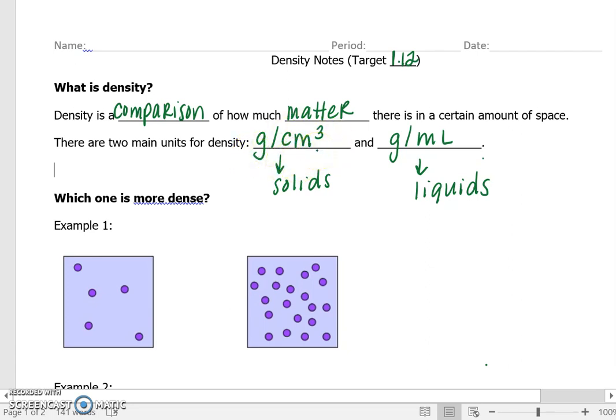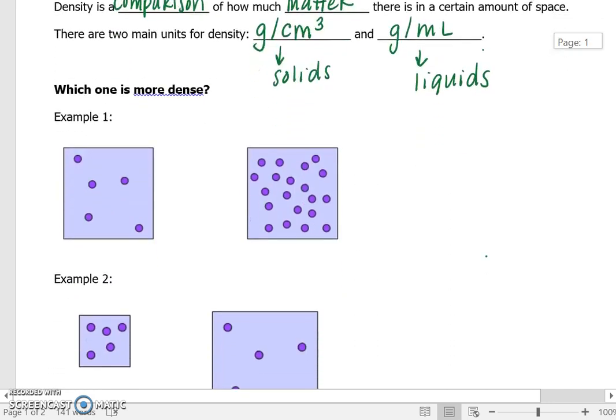And so these are the ones we're going to use in chemistry most often. And when we do our density lab tomorrow, we will find the density of a solid and use the first unit. And we will also find the density of two different liquids, and we'll use the second unit. So we'll use both of these units. And we'll get to where those units came from in just a second.